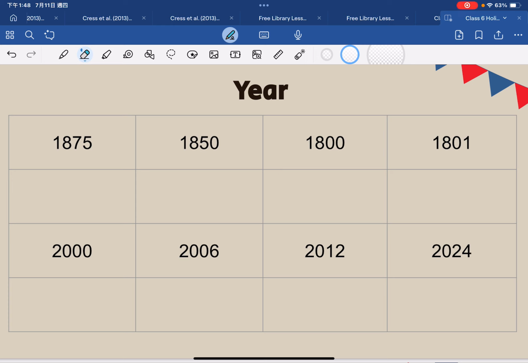So if I write it down here, we have 2,678, and we have 881, and we have 340. It looks like nonsense, right?